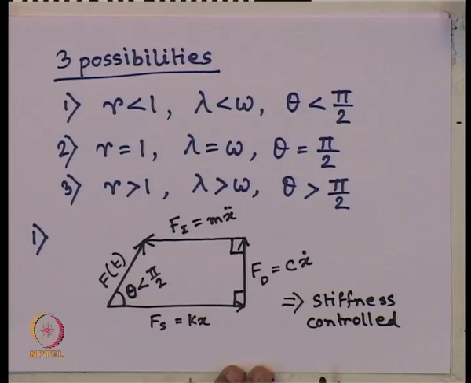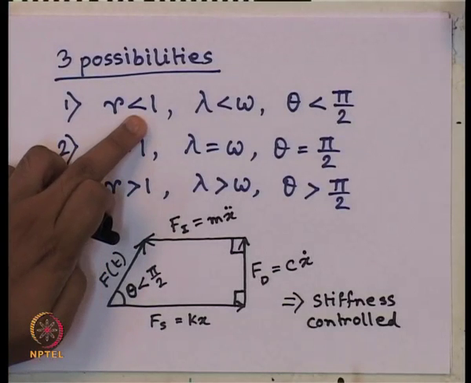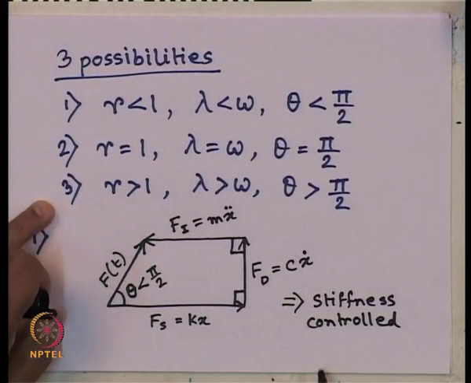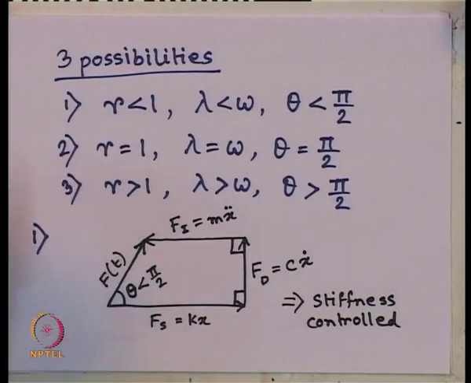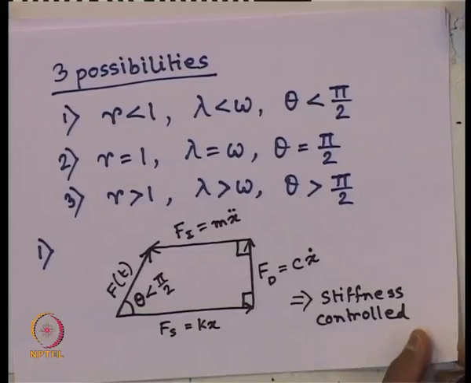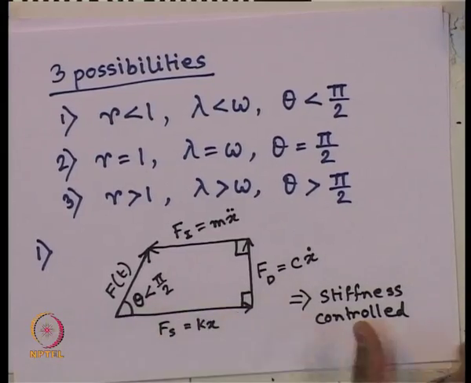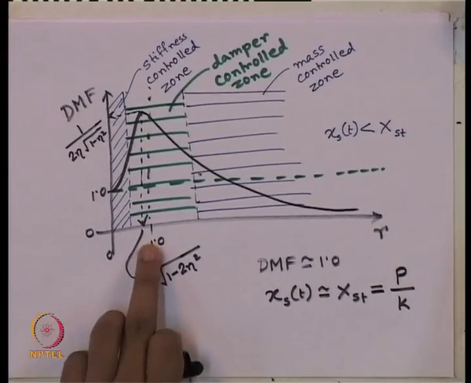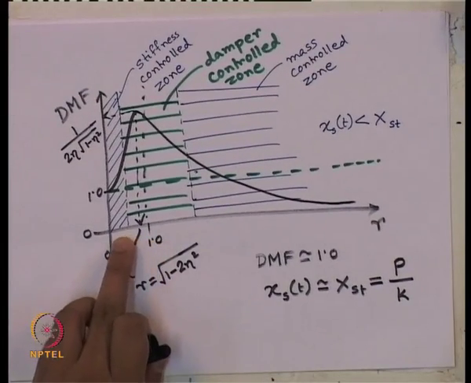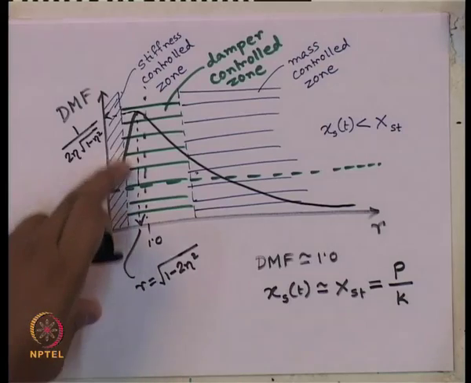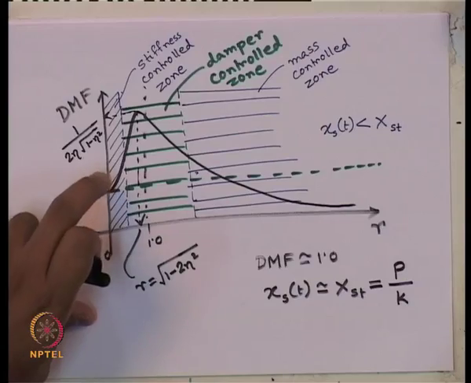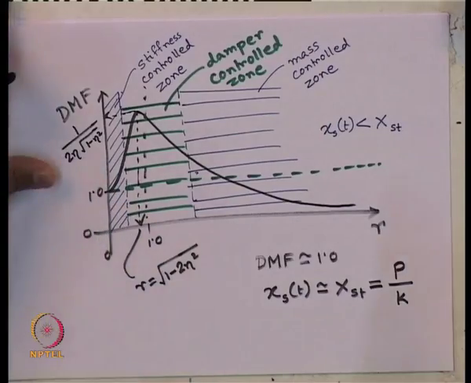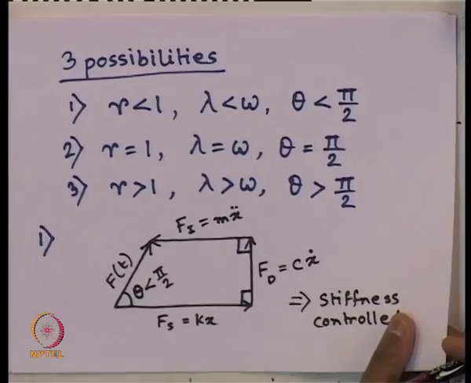Is that clear? Now, why is r less than 1 called stiffness controlled region? Because as you go r less than 1, your stiffness force dominates. As you go r much less than 1, your stiffness region dominates. So, this we had understood physically, now we are understanding it mathematically.